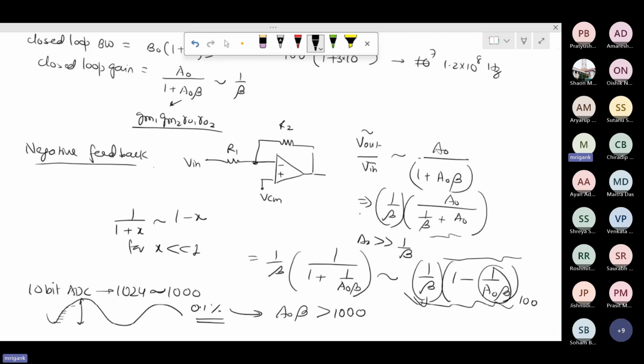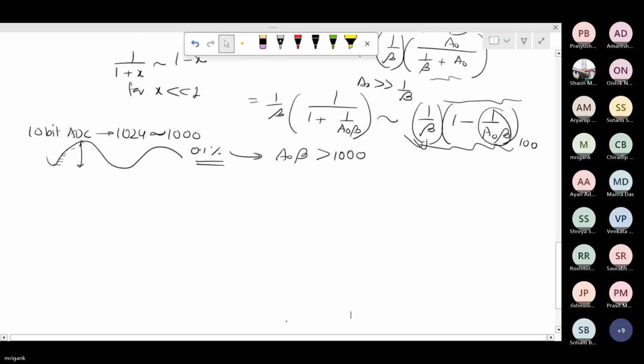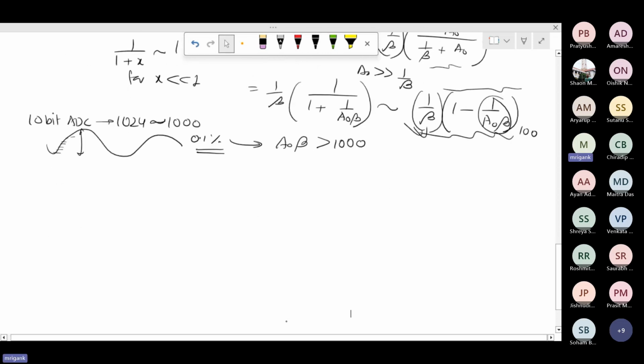In this case, suppose your A naught is 10 to the power of 5. The thing is that for a given overall closed loop gain, what A naught beta can we have? First, we are getting a requirement for the product A naught beta.